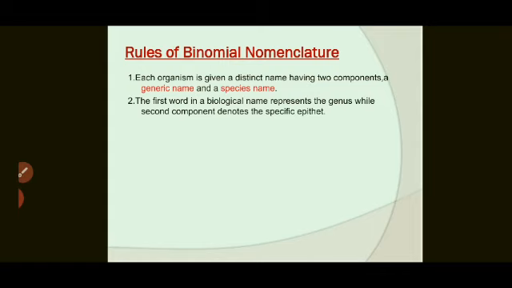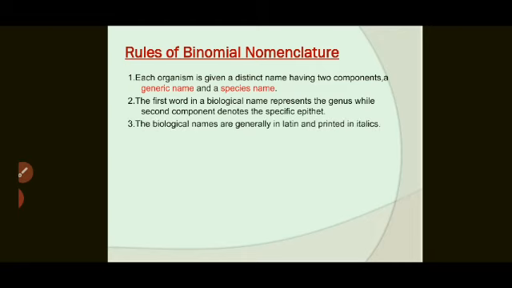Second rule: the first word in the biological name represents the genus, while the second component denotes the specific epithet. So the first word denotes the genus, while the second component denotes the specific epithet or the species name.